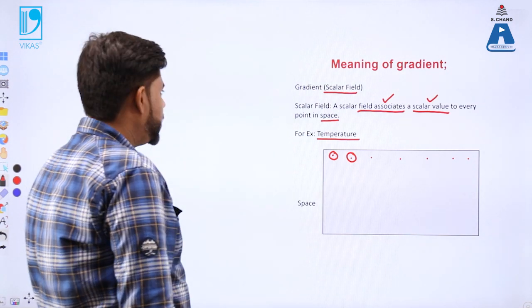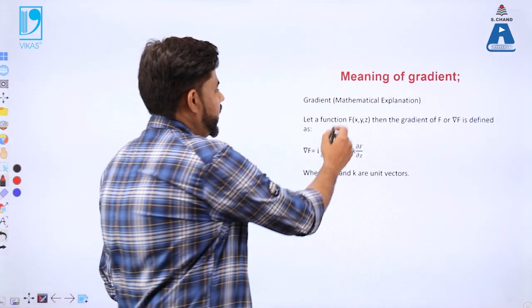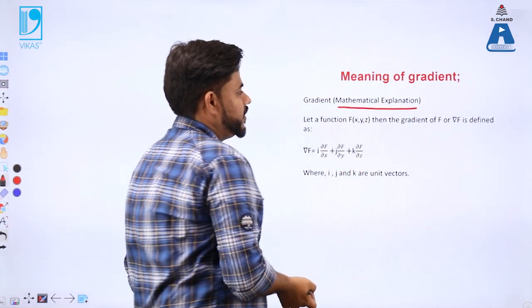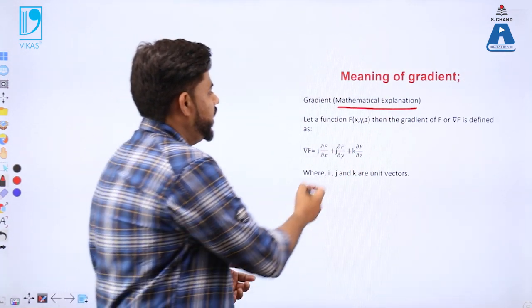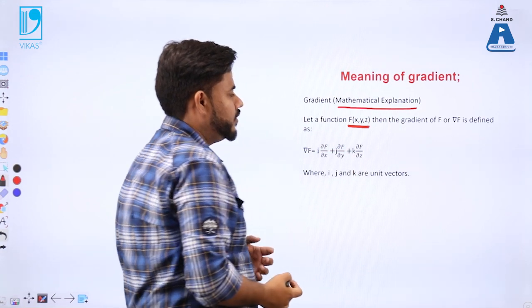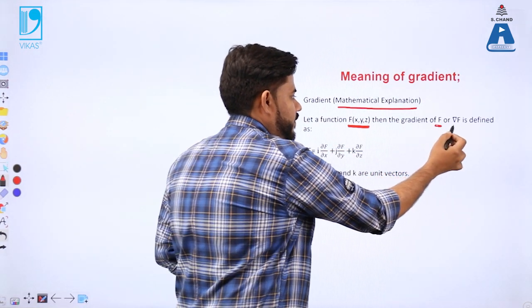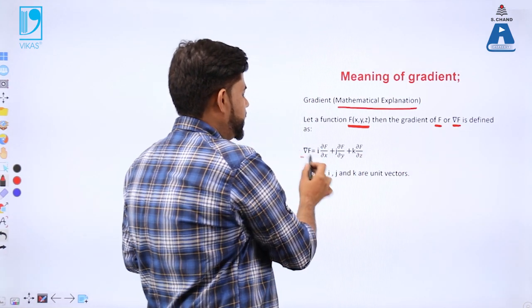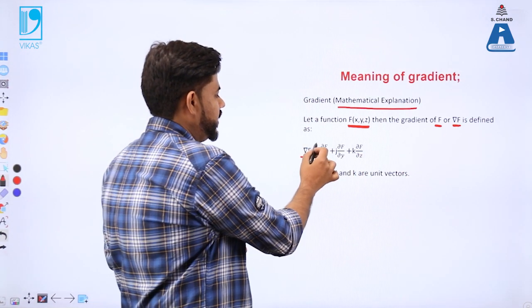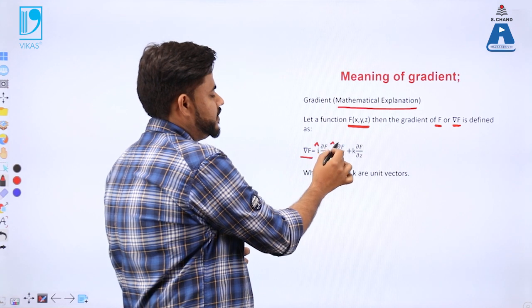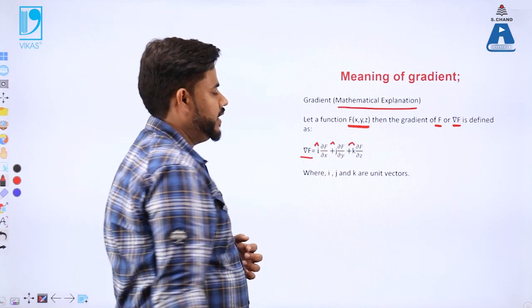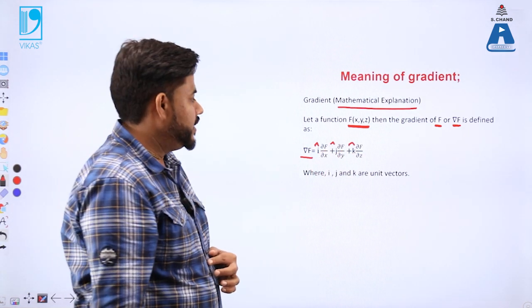Mathematically, gradient has a mathematical expression. Here we have a function with coordinates x, y, z. The gradient of this function, del f, can be defined as del f equals i del f by del x plus j del f by del y plus k del f by del z.